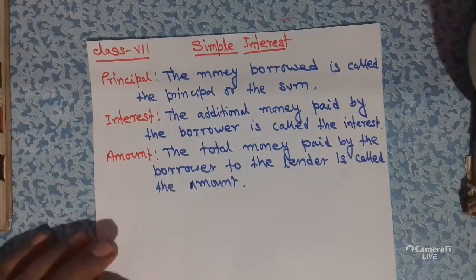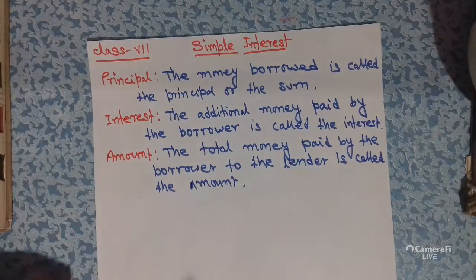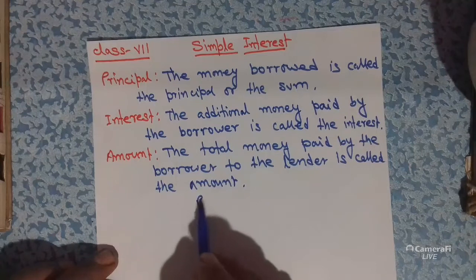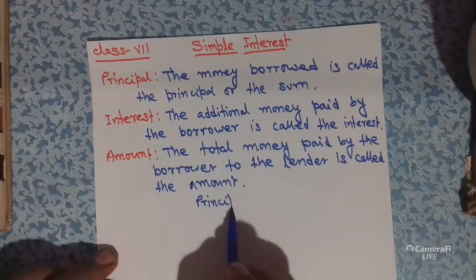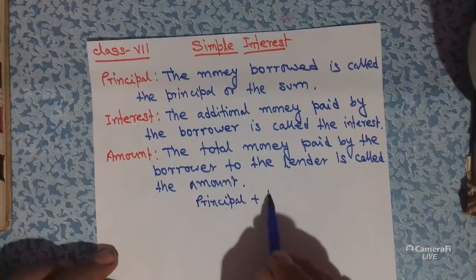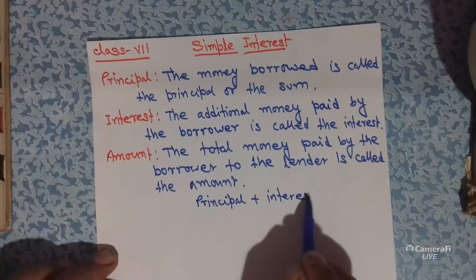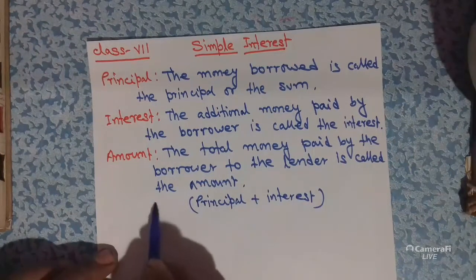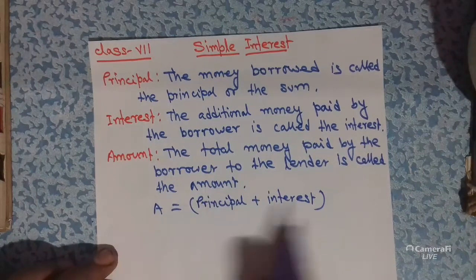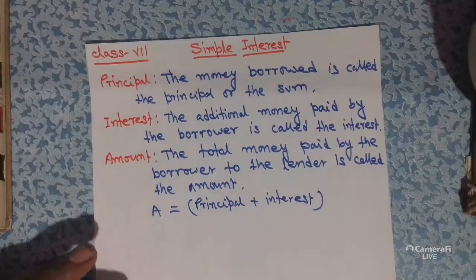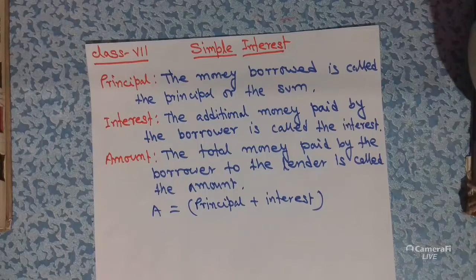The total money means principal plus interest. So amount, A for amount, is equal to principal plus interest.